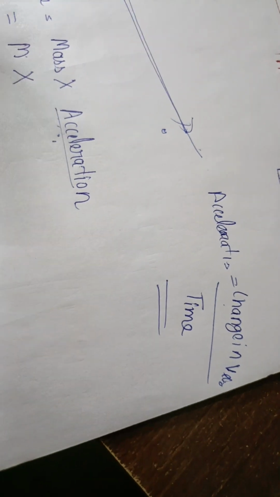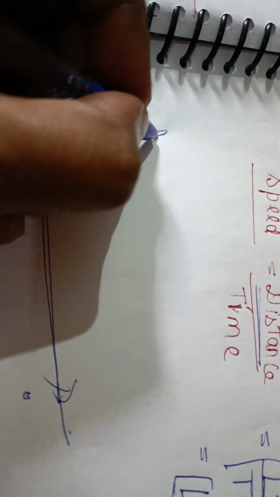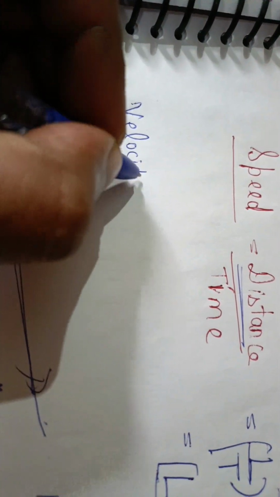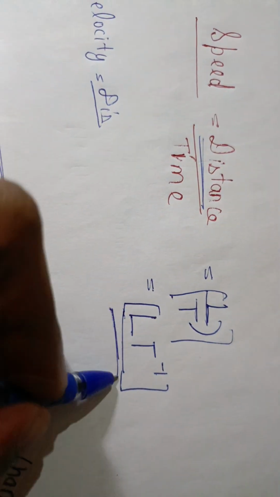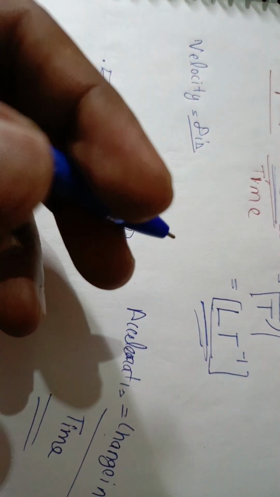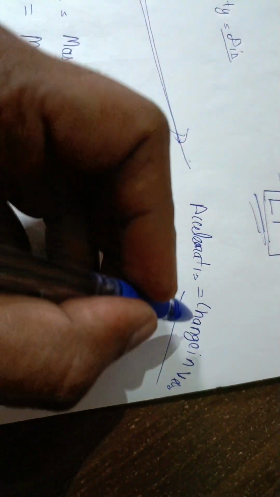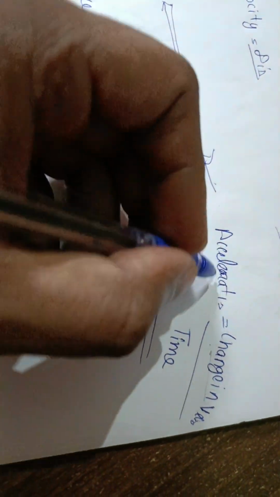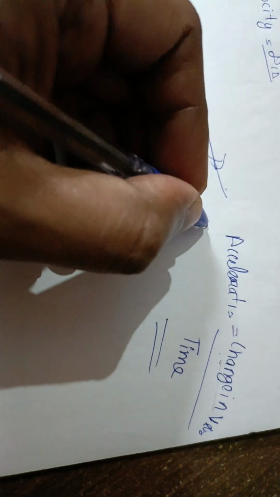Now we have to calculate velocity too. What is velocity? Velocity is distance upon time, basically L T minus 1. Change in velocity and velocity are the same thing here, so acceleration equals change in velocity upon time, which is L T minus 1 upon time.